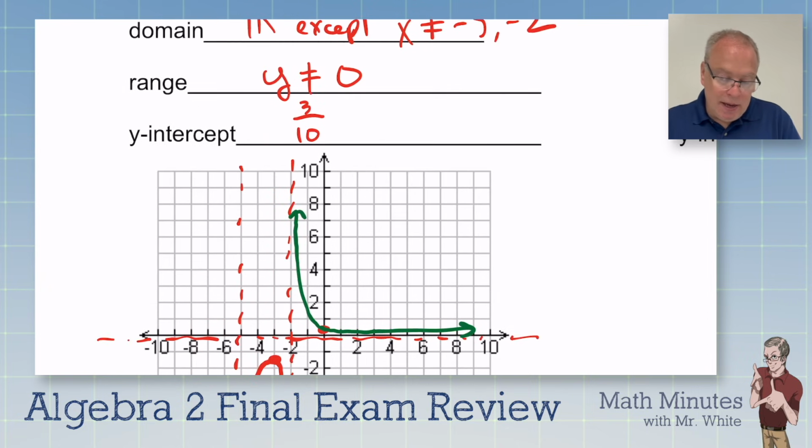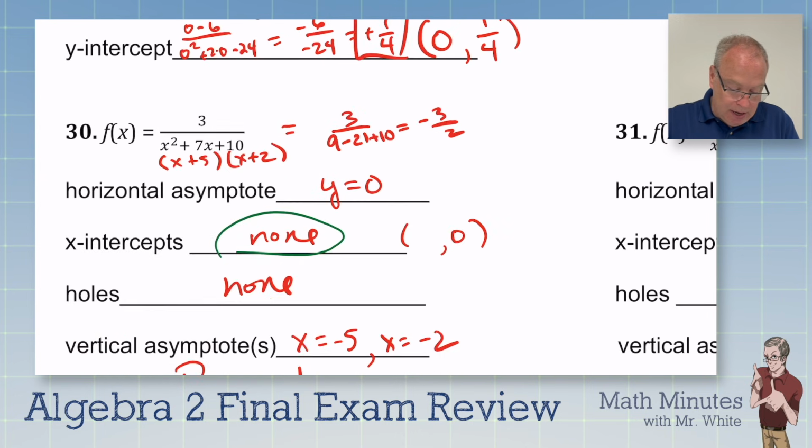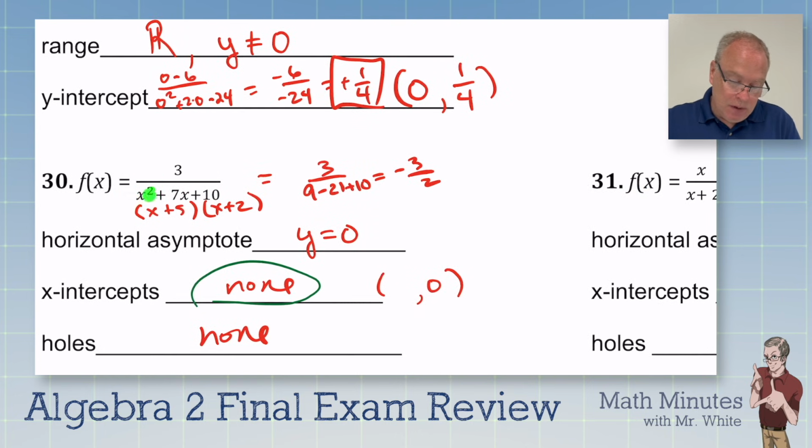Now, what about plugging in a really large negative number so that we can see, does the graph exist up here? Or do we get a negative, in which case it'll exist down here? So just imagine plugging negative infinity in here. Whenever you square a negative, you get a positive.